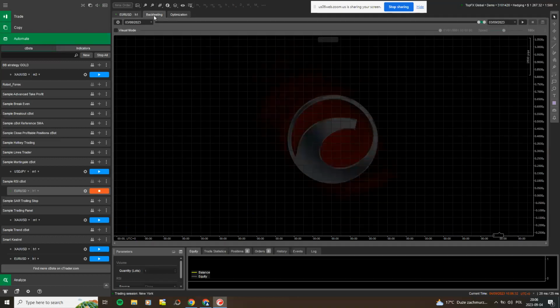This is the backtesting of the cBot. This is the section where you can backtest it. What we want to do is backtest it in, let's say, a 3 month period. Let me switch it to the most appropriate current date.